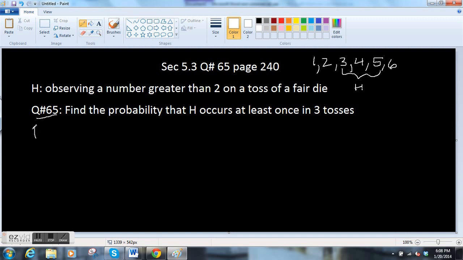So this is where it gets tricky. Probability of H at least once is equal to 1 minus the probability of no H in 3 tosses.